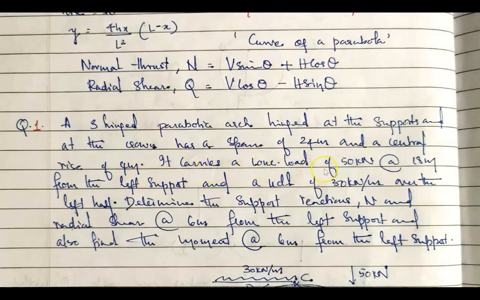It carries a concentrated load of 50 kilonewton at 18 meter from the left support and a UDL of 30 kilonewton per meter over the left half. Determine the support reactions, normal thrust and radial shear at 6 meter from the left support, and also find the moment at 6 meter from the left support.